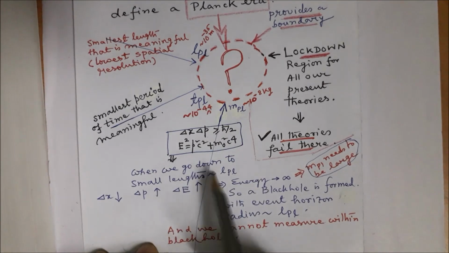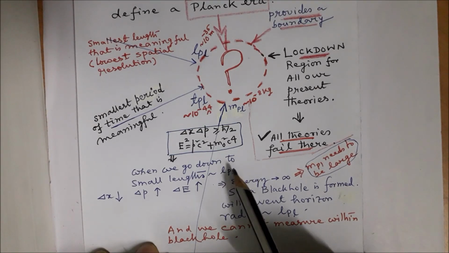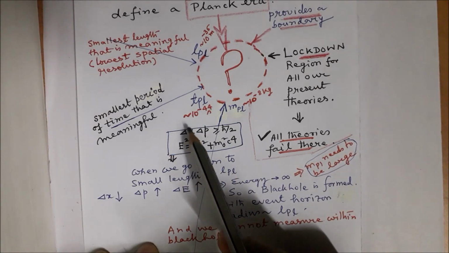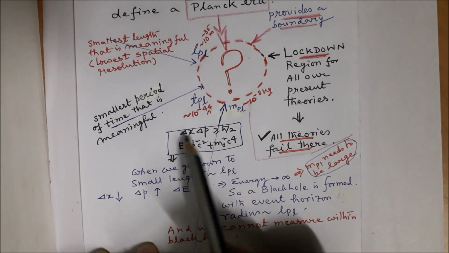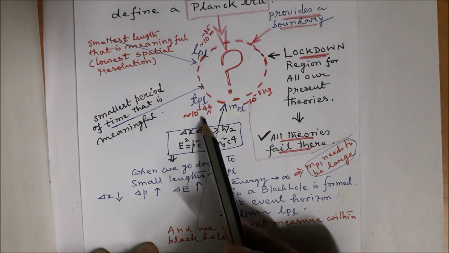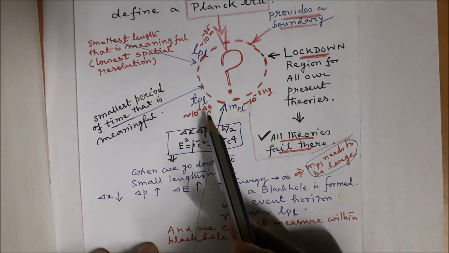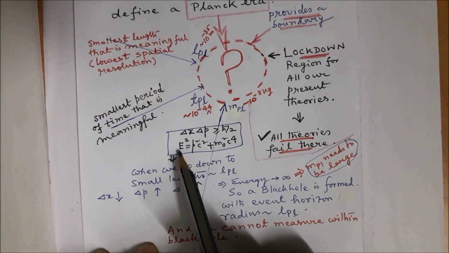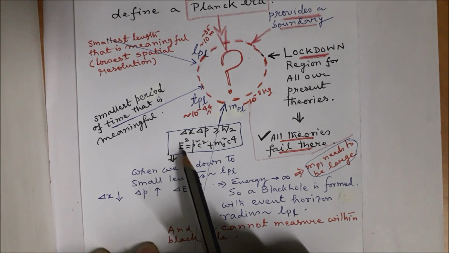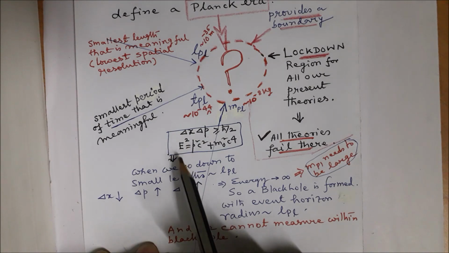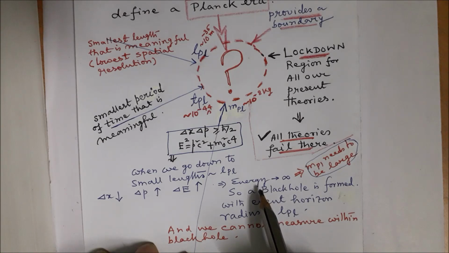Now when we go down to small lengths, say Planck length, that means we are making delta x very small. This again means from Heisenberg's uncertainty relation that delta p, that is uncertainty in p, becomes very high, and this automatically from this relation means that energy uncertainty is huge, so energy becomes infinite.